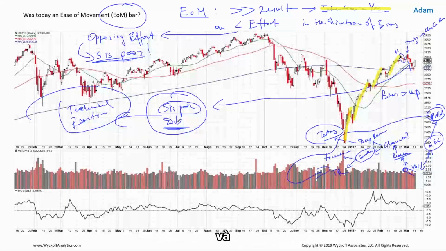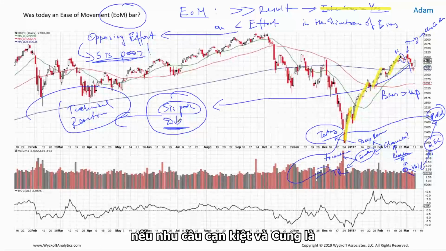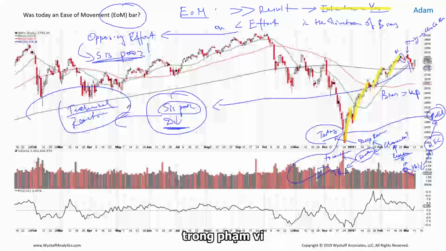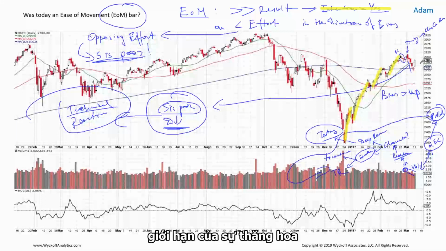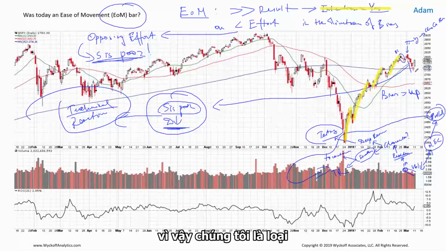And if demand is exhausted and supply is poor, it's going to produce some kind of reaction, but it's not necessarily going to be associated with distribution. Therefore, it becomes more of a technical reaction within the confines of the upswing. So we are kind of good on the bias here.